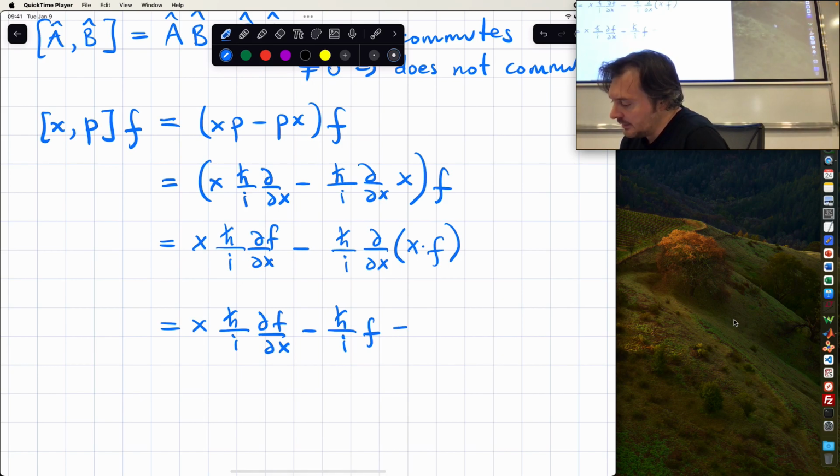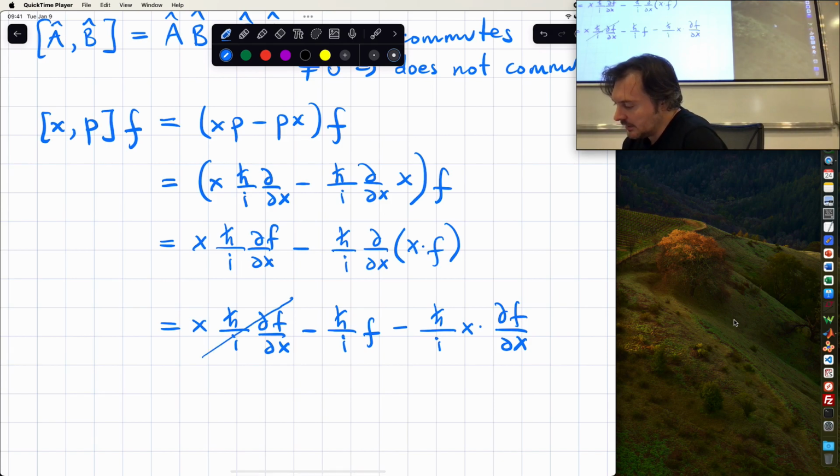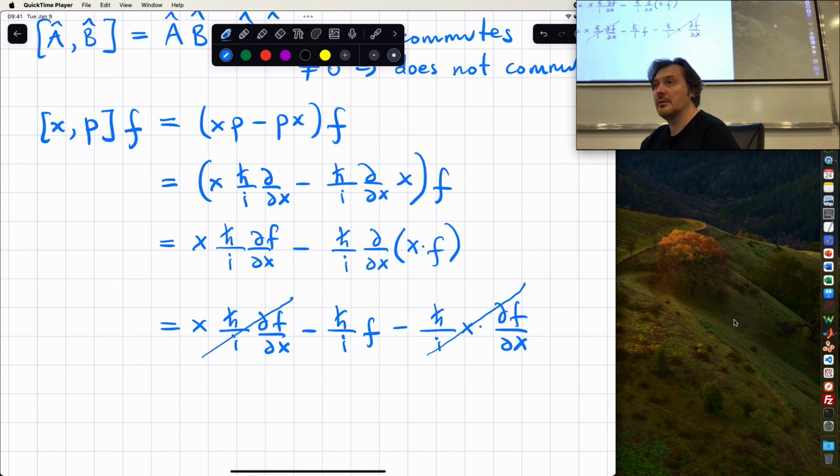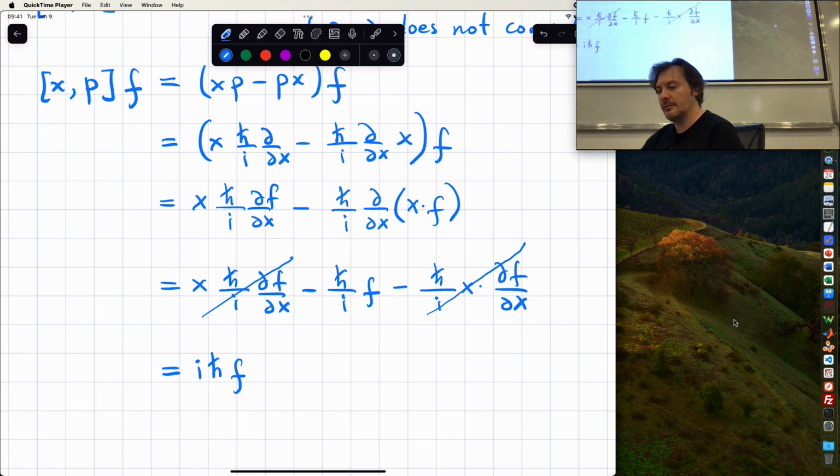And the other one is h bar over i x times del f over del x. What cancels here? This one cancels out that one. Do you agree? So you actually get something. You get i h bar, I just flipped i to the top, times f.